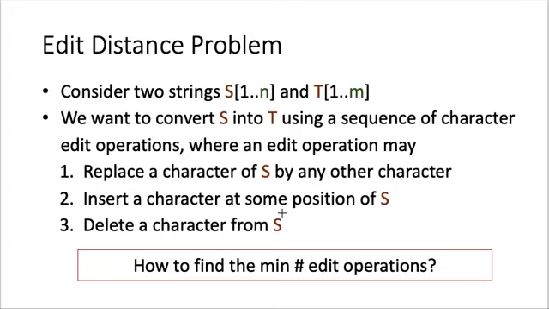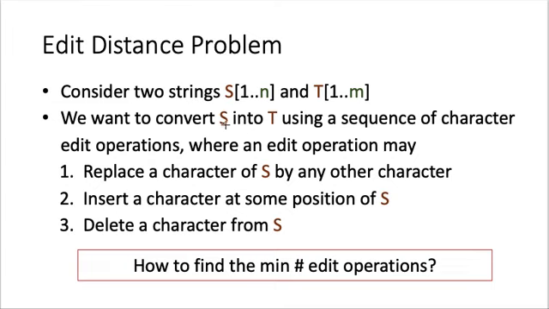Now to end this lecture, we will mention a related problem called the edit distance problem. So here, the edit distance of two strings S and T is as follows.